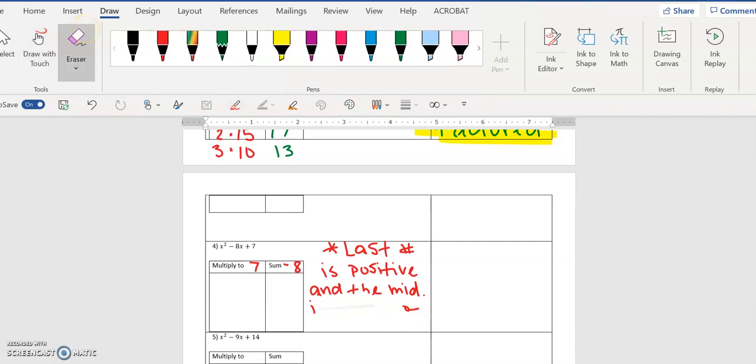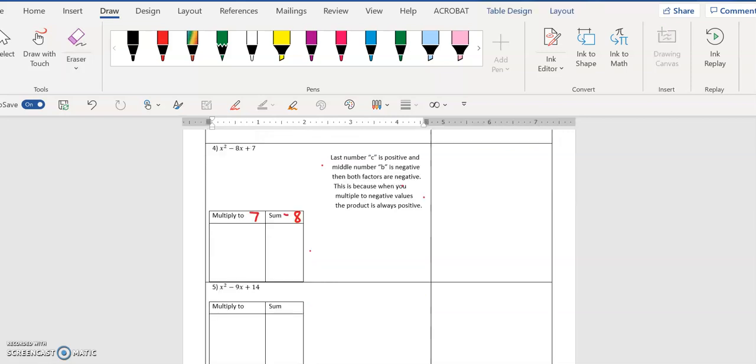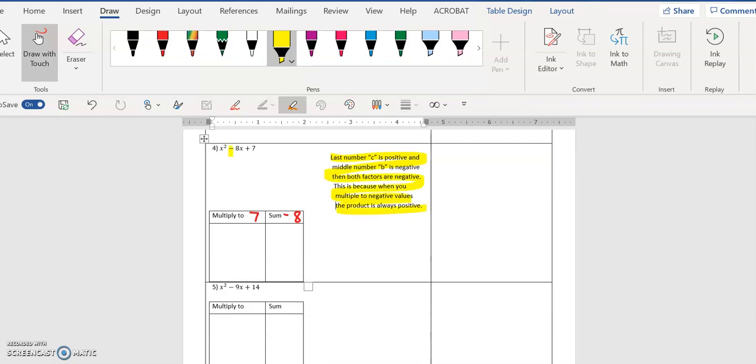I'm going to type that in here. So we have a negative in the middle for B and a positive at the end.